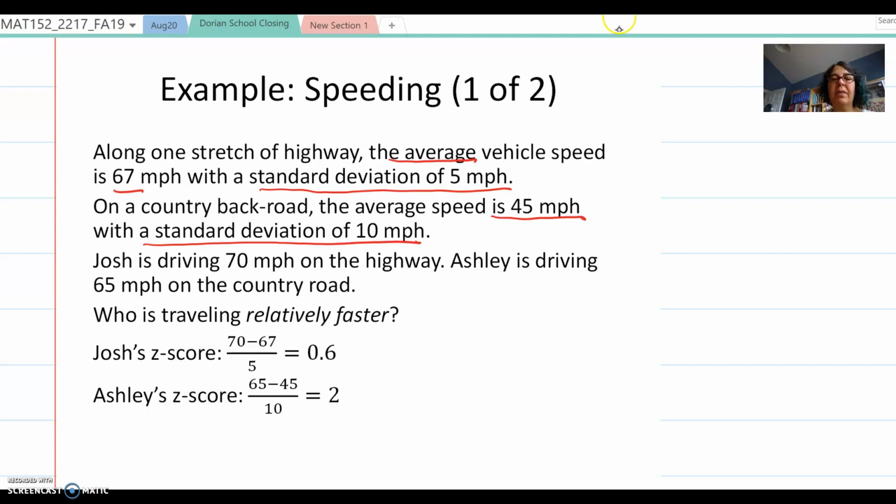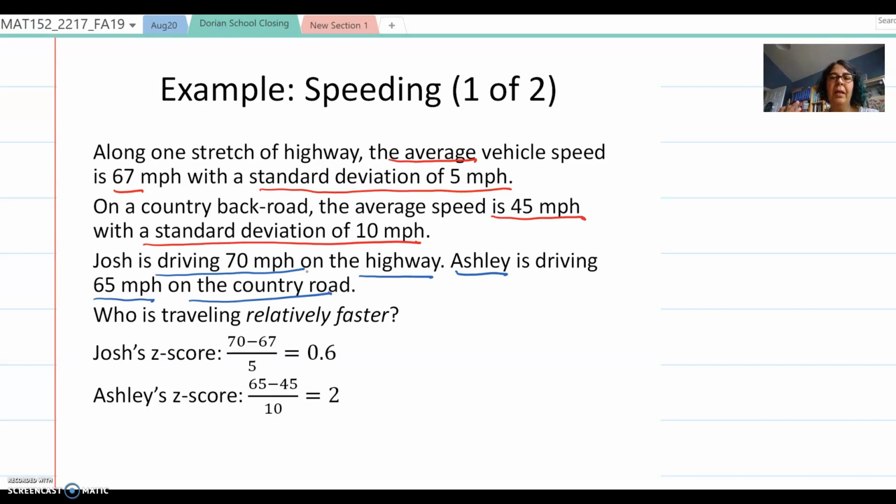Josh is driving 70 miles per hour on the highway, but Ashley is driving 65 miles per hour on the country road. So we have two different types of roads and two drivers. So who's traveling relatively faster?